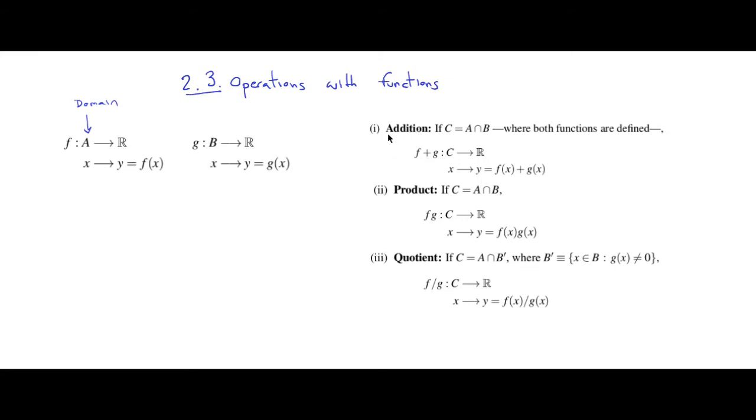The first one is to sum them, the addition. And then we can define a new function, the sum function f plus g, which is defined in C, which is the intersection of A and B. So if A is this domain and B is this domain, then C is this.